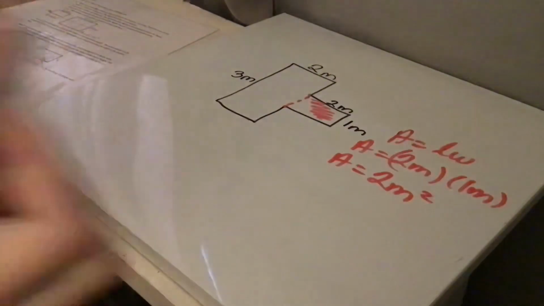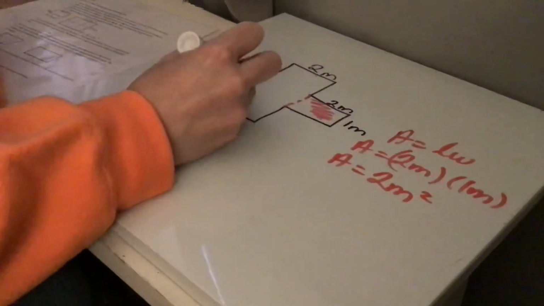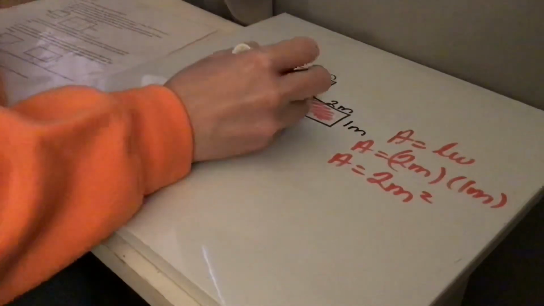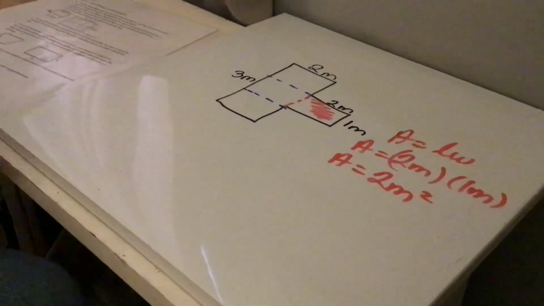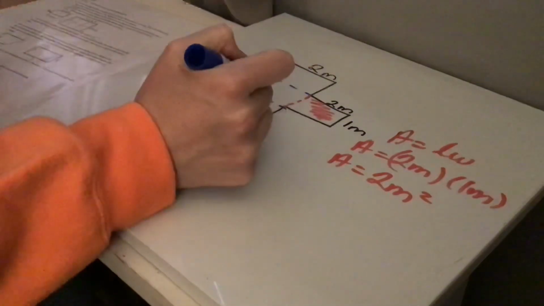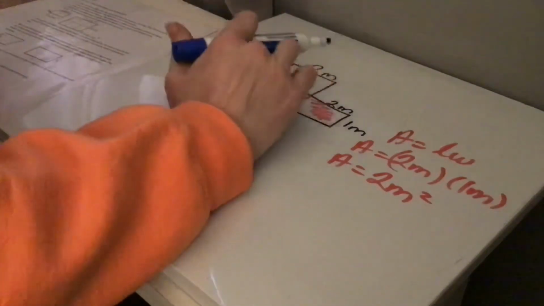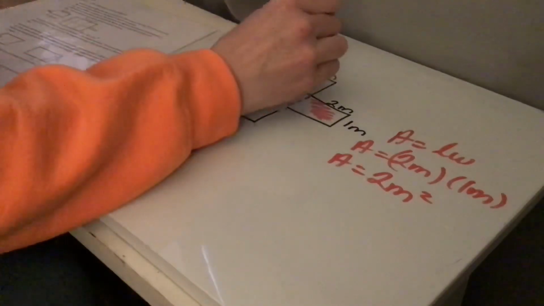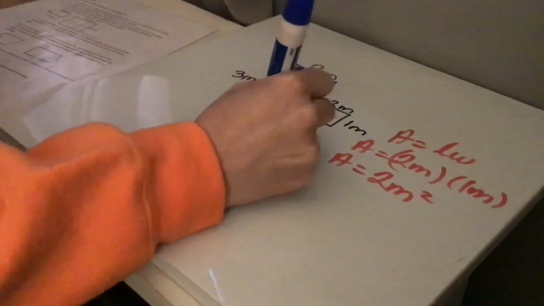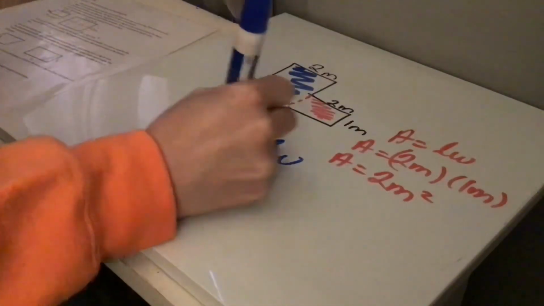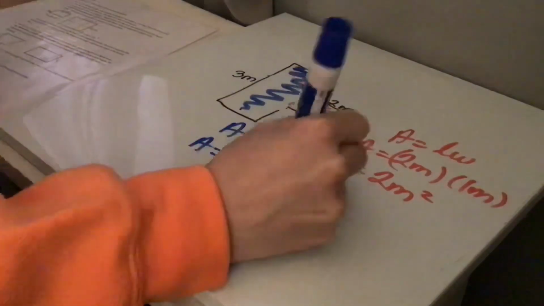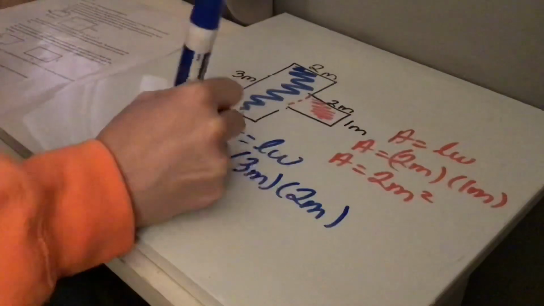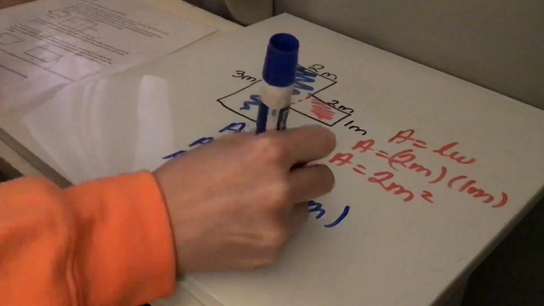Okay. Actually, we don't need to do that. We're just going to have this rectangle. Okay. This blue one is another rectangle. So that area is going to be the length times the width. So 3 meters times 2 meters. So that's 6 square meters.